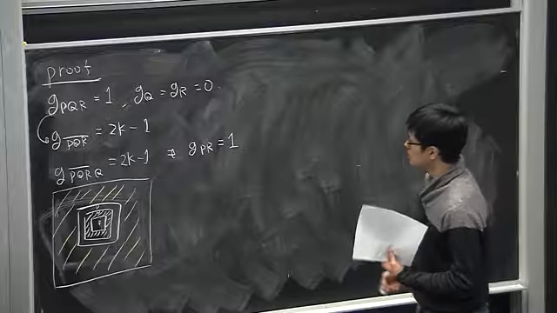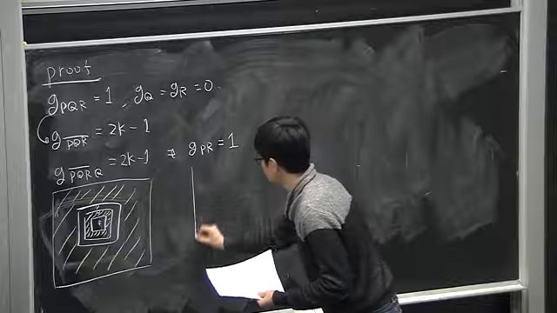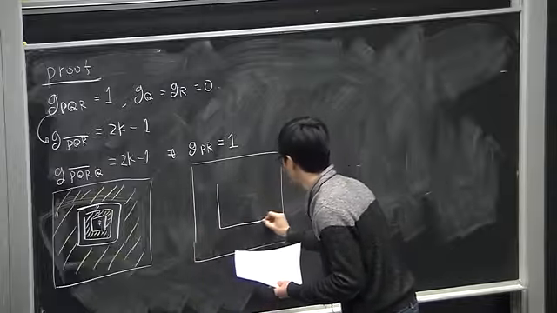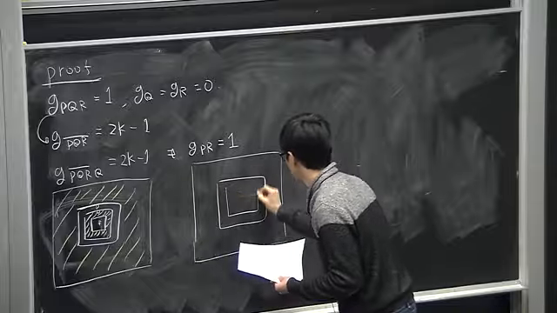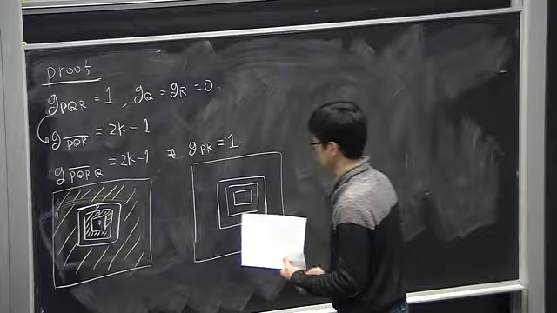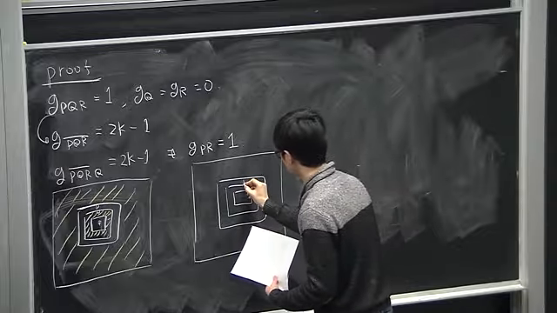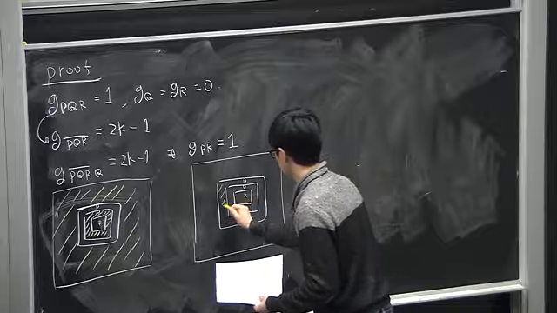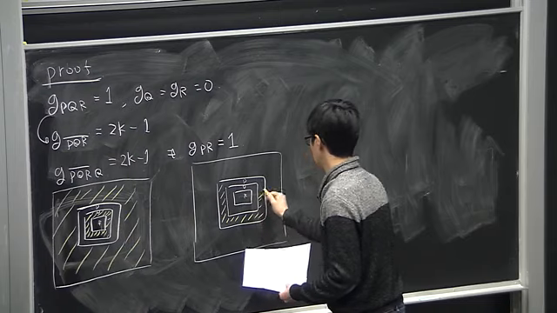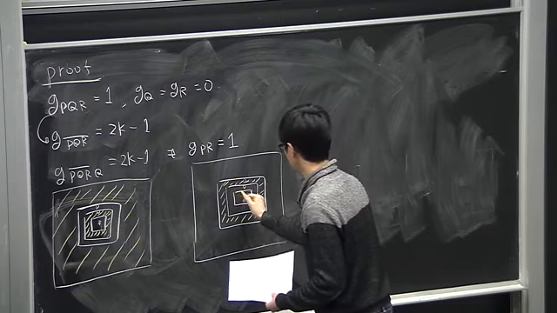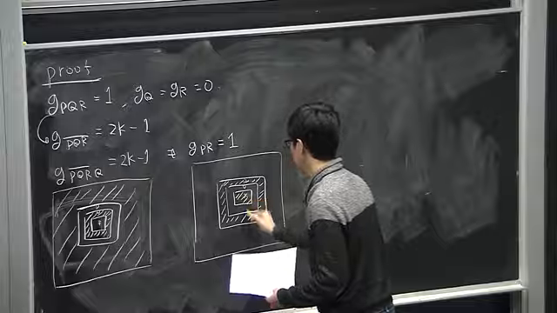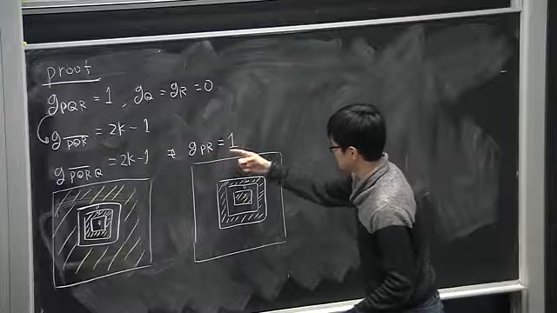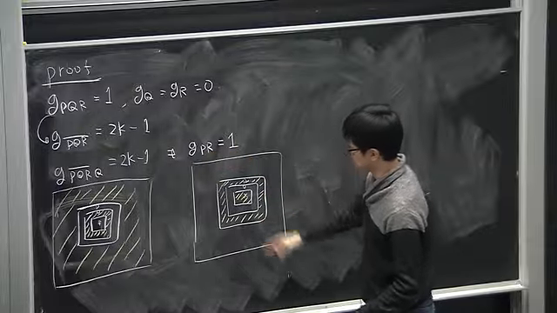But G_PR is now a region which is P and R. So it says that G_PR equals 1, so there must exist one logical operator.